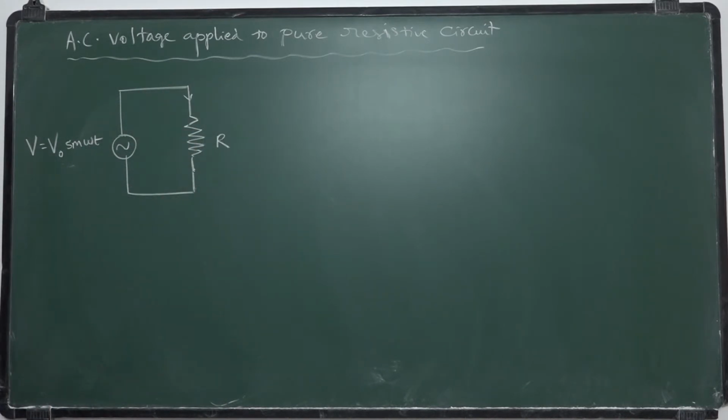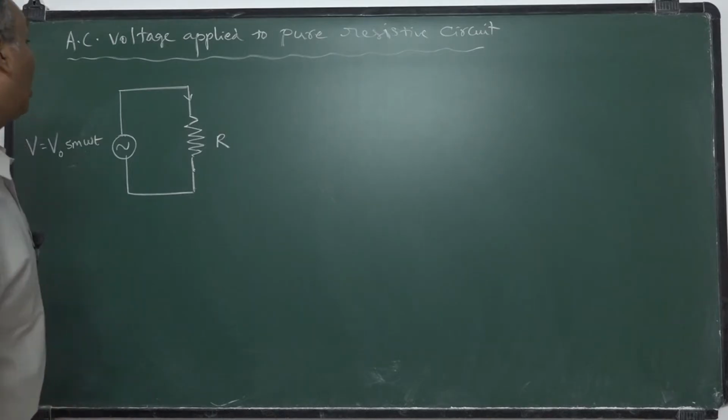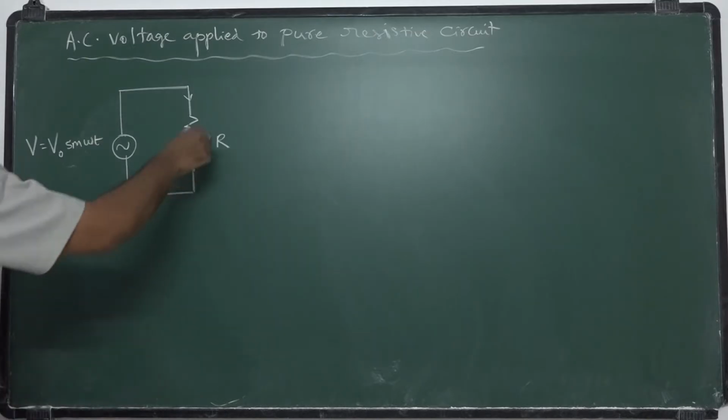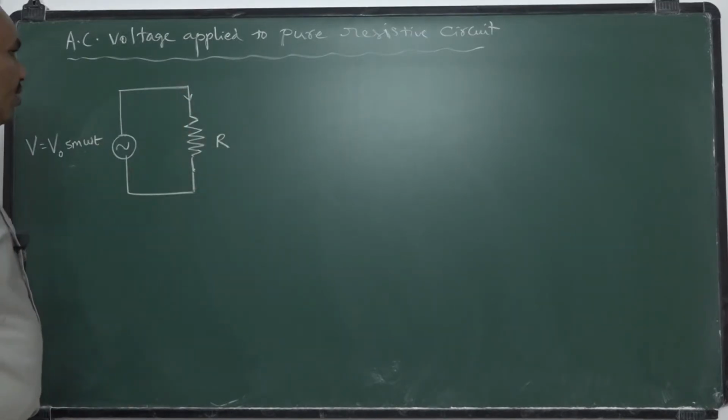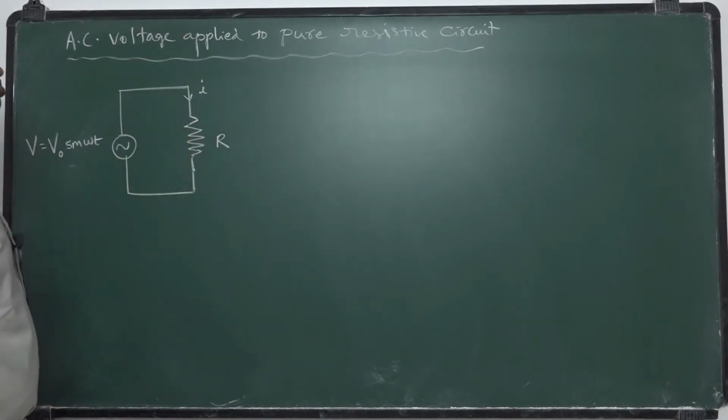I would like to study the response of this resistor to the applied voltage. In order to study this, let I be the current at a particular instant of time passing through the resistor.